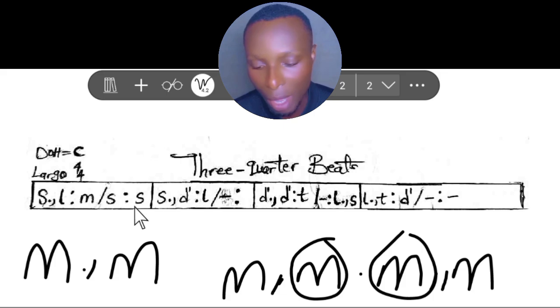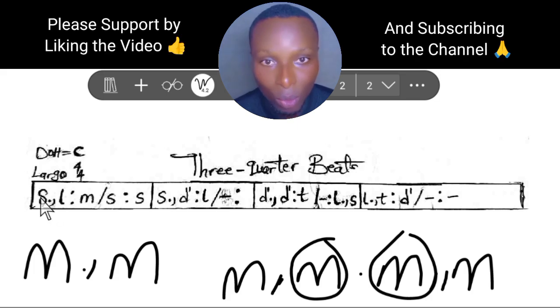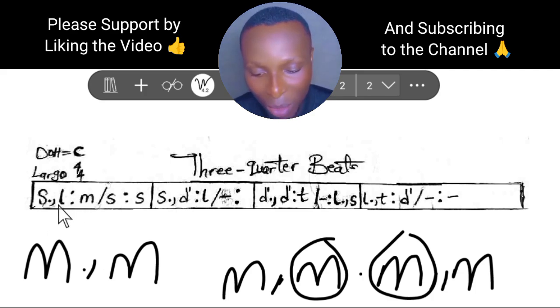Okay, so now we have the interpretations, and you can see that right here we have 4 beats, and they were supposed to be 4 if we were talking about the quarter beats, but now they are just 2. And then the interpretation of the bounce right here, which we explained down here. Hope you remember. So it's so, la, mi. Remember that this has to be fast because that is just a quarter beat.